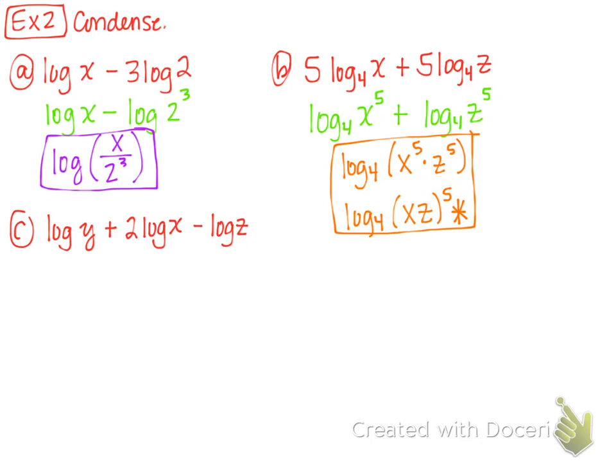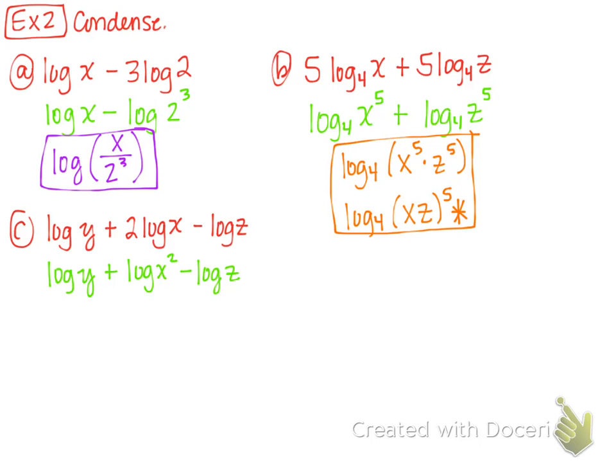So we got 3 logarithms this time. Only one has a number in front of it. So we're going to go ahead and take care of this 2, and we're going to make it an exponent. So let's rewrite the expression. So we have log of y plus log of x squared minus log of z.